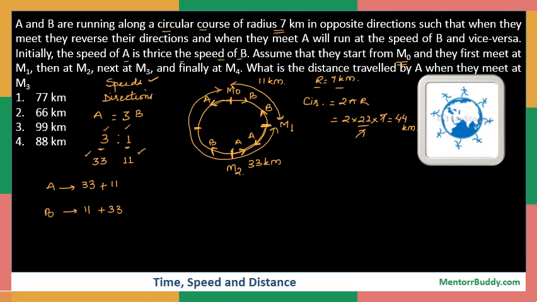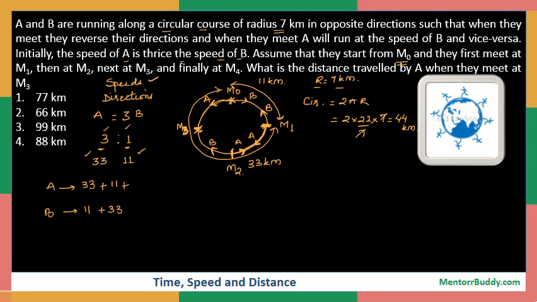This time A has again obtained his original speed. Therefore, A is going to cover 3 parts. So one part is from here to here. Second part is from M1 to M0, and then third part will be to this part. And this is their meeting point, which becomes M3.